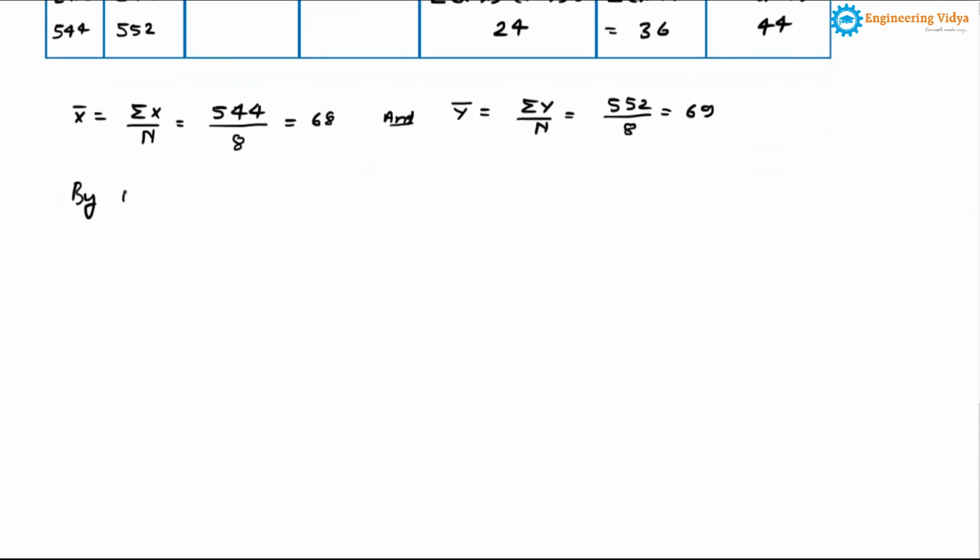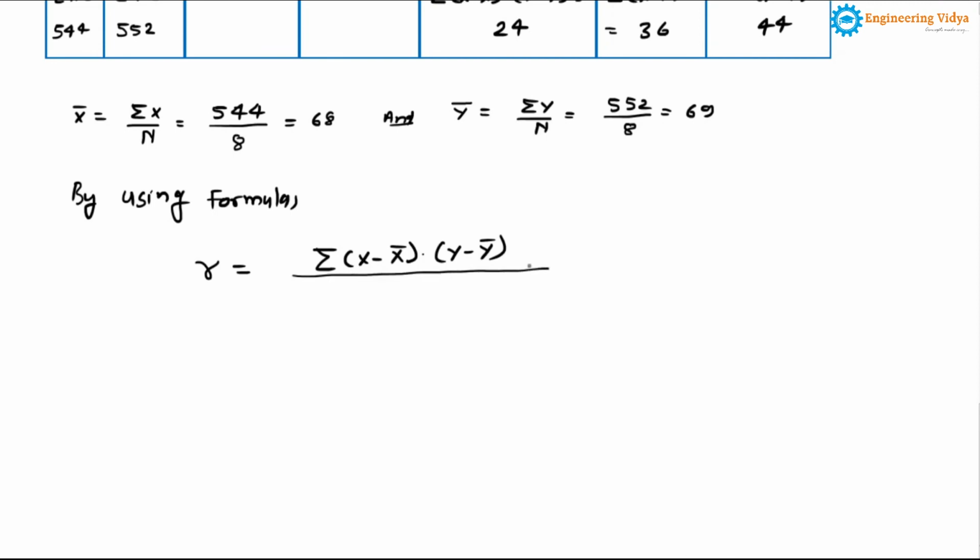By using the formula, small r is equal to, in the numerator we need to write the summation of x minus x bar multiplied by y minus y bar. Then we'll go to the denominator. In the denominator everything we have to write inside the square root: the summation of x minus x bar square multiplied by the summation of y minus y bar of the whole square.